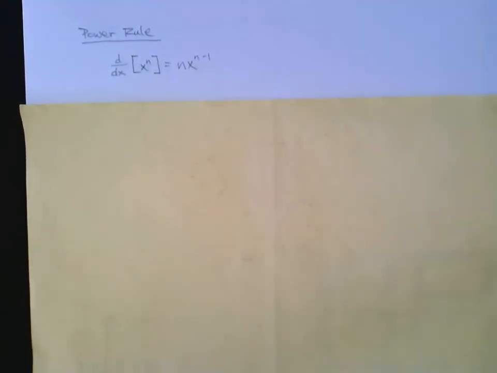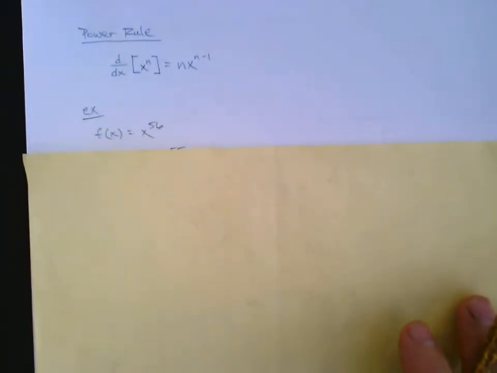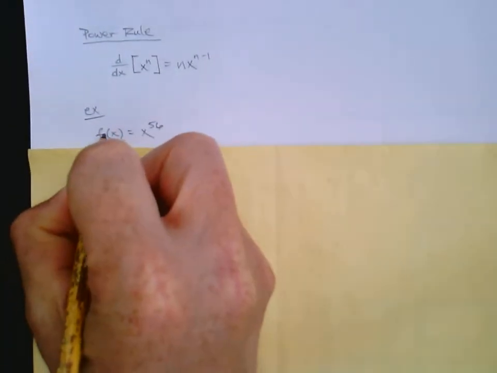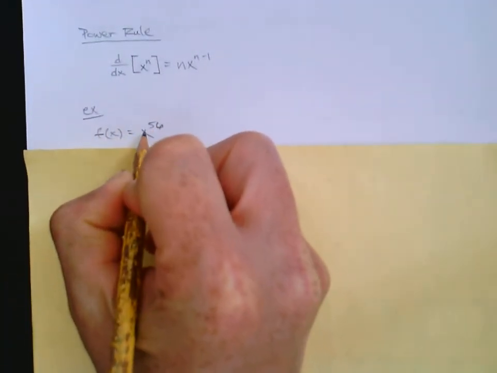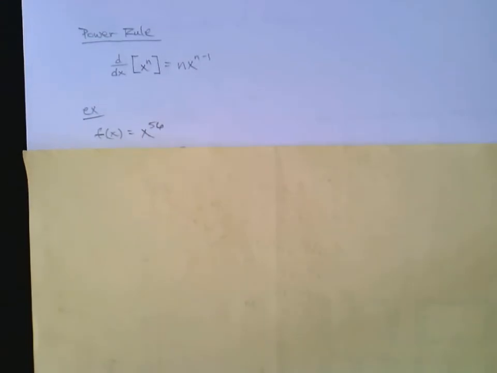I'm going to run us through a bunch of quick examples. Starting with, let's look at f of x equals x raised to the 56. I would not want to try this one out with the definition of the derivative, raising to the 56 power.